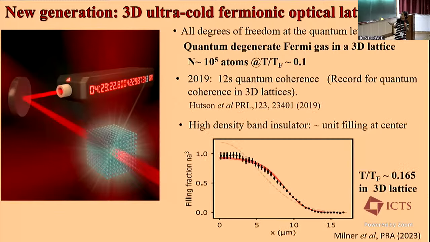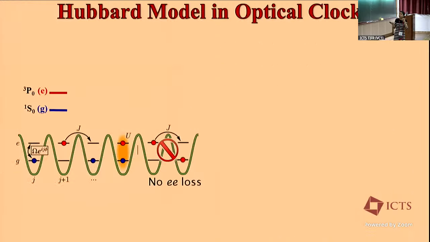And now, in the latest experimental implementations, we have been able to cool down the gas in the 3D lattice, reaching filling fractions very close to 1. And when we have filling fractions very close to 1, we start to simulate the behavior of ultracold fermions moving in a 3D lattice potential.